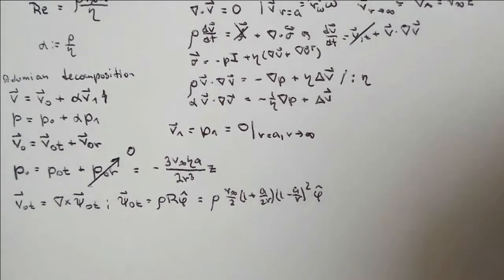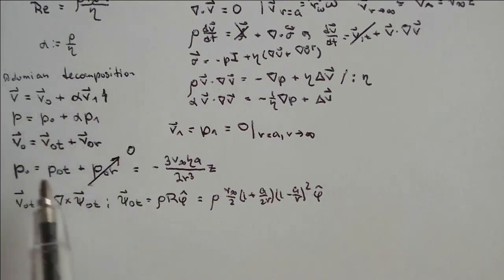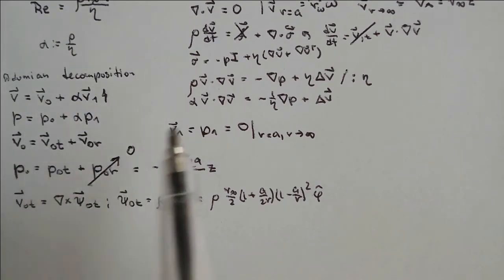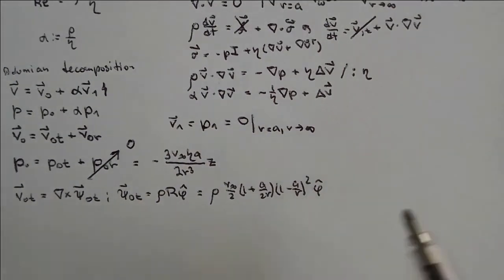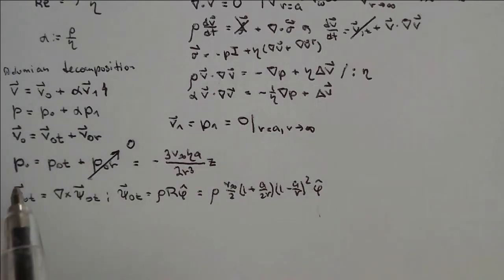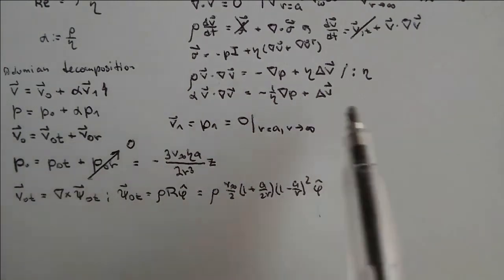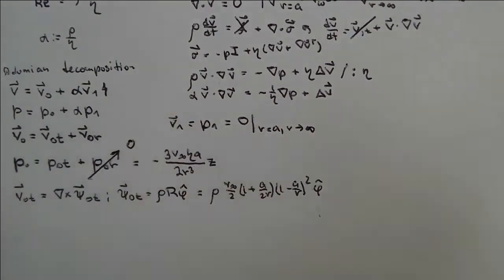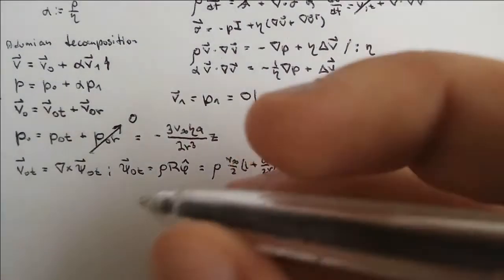Next, I will substitute this form of solution, with this decomposition, into this equation. You will recognize that the terms V0 and P0 match and vanish. So I will write just the first order term in alpha, which will be this.